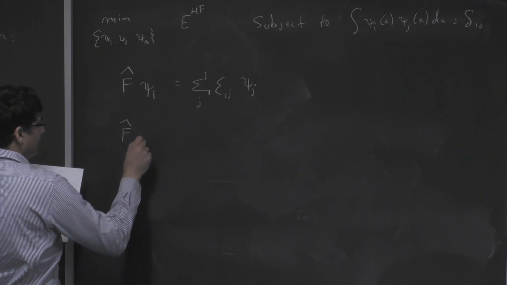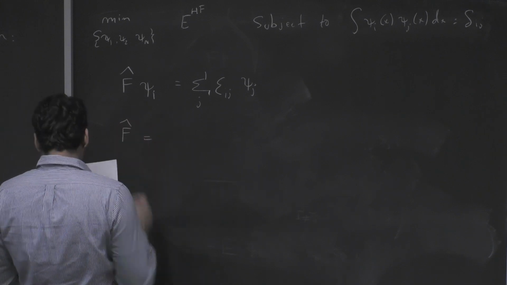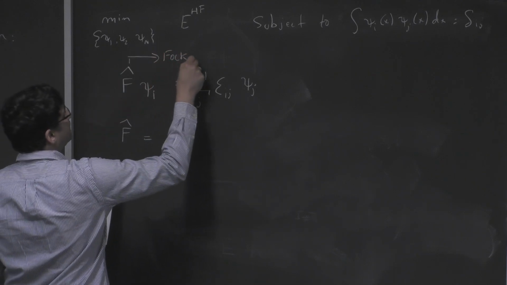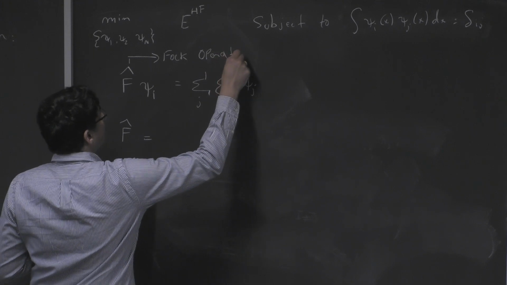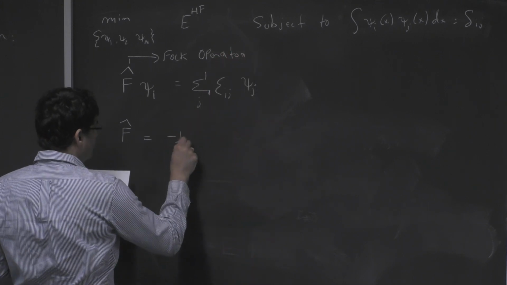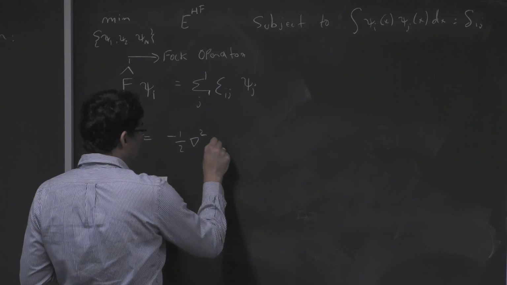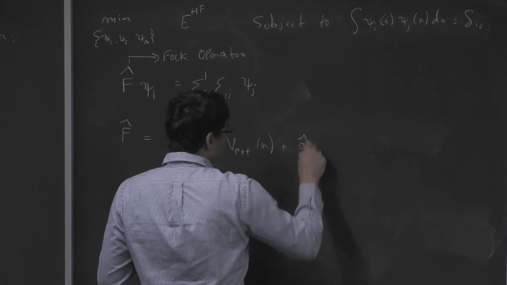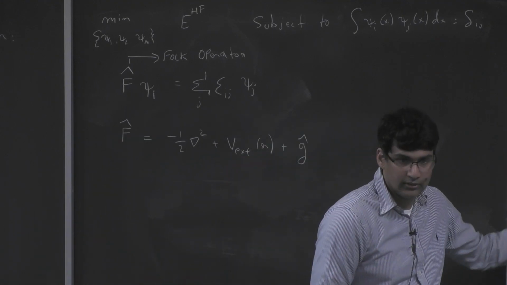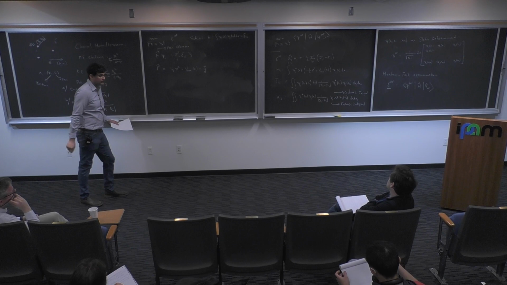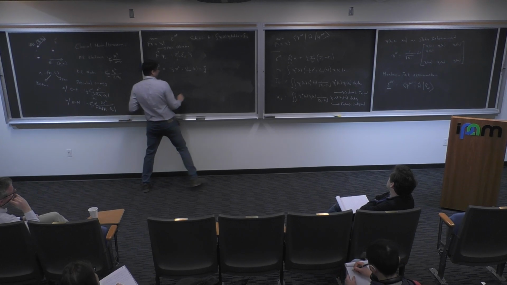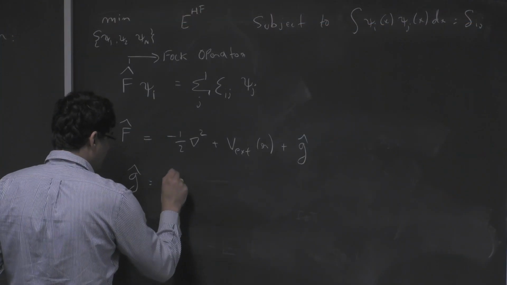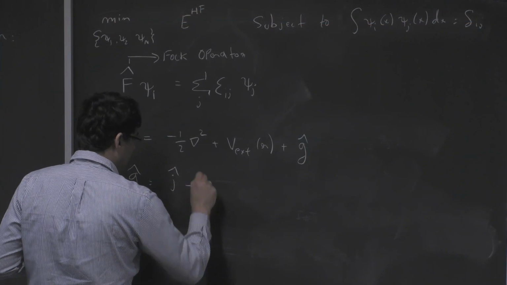So the F is called the Fock operator. The Fock operator is comprised of a Laplacian, the external potential, and then this other operator which comes from the Coulomb and the exchange integrals. And the G itself is given by a J minus K operator.